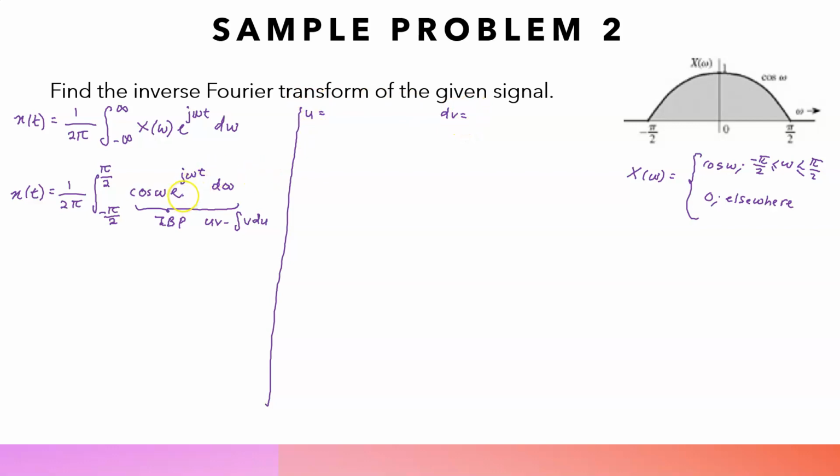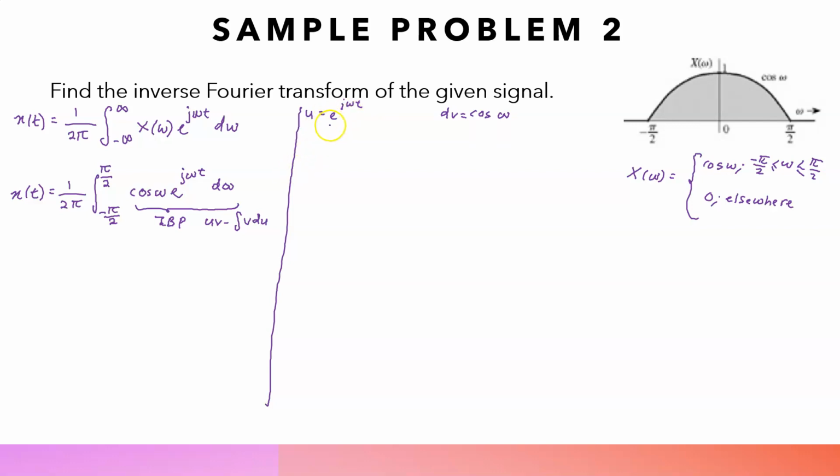So let's say in this case I choose e^(j omega t) as u, and I choose cos omega d omega as dv, because if I integrate this, I will directly get sine. Otherwise, if I choose this as dv and integrate, I will get e^(j omega t) over jt, which is a bit complicated.